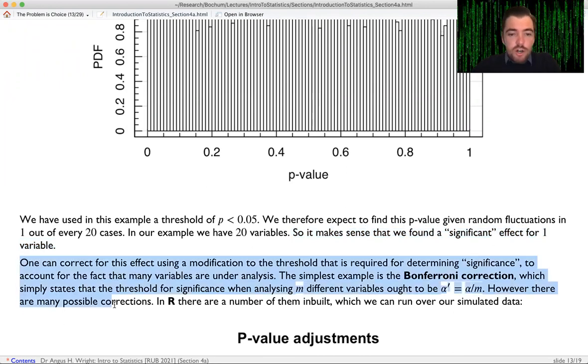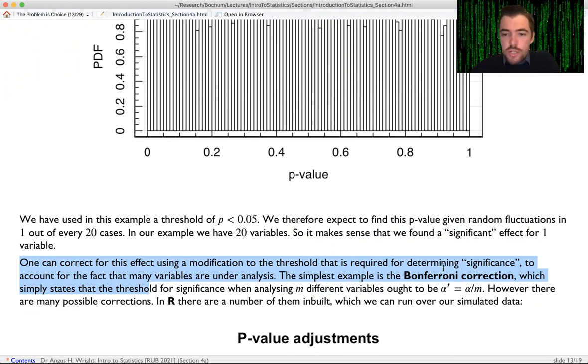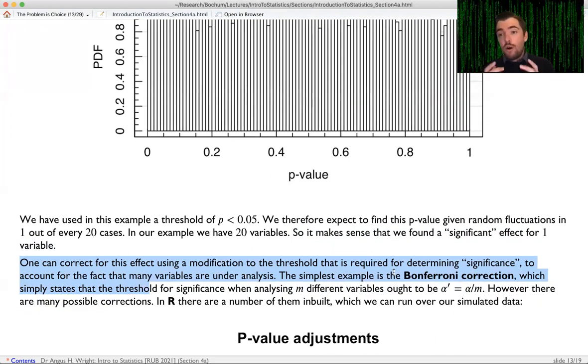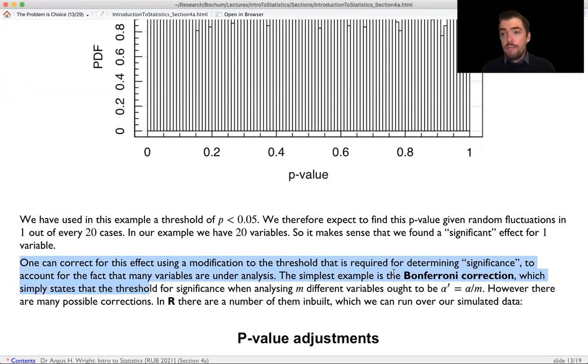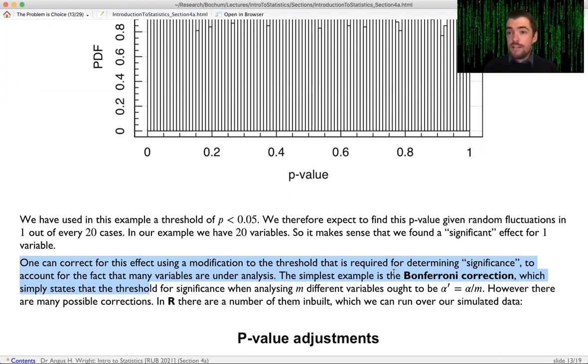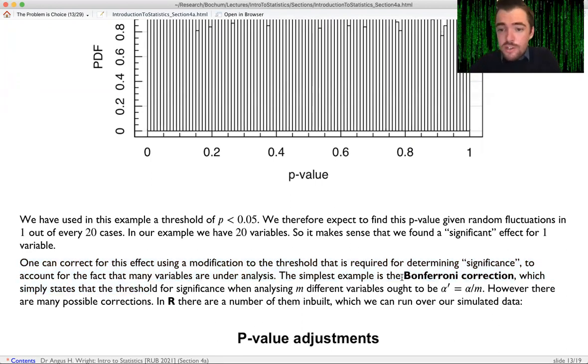Now, one can correct for this problem using basically a sliding window for the value of the threshold that I care about. Basically modifying my p less than 0.05 in order to account for the fact that I've looked elsewhere. And the simplest example of a correction like that is called the Bonferroni correction.